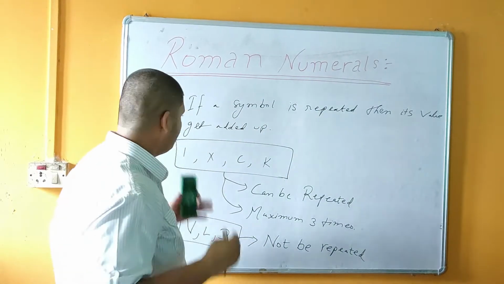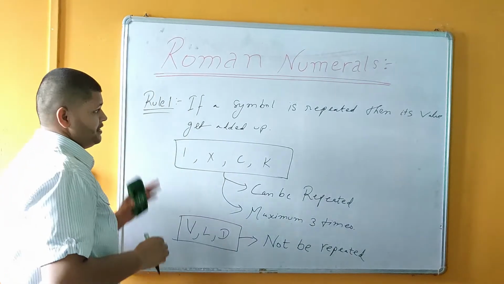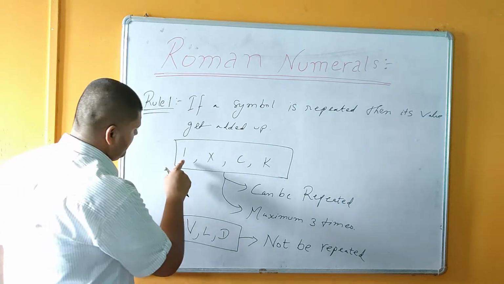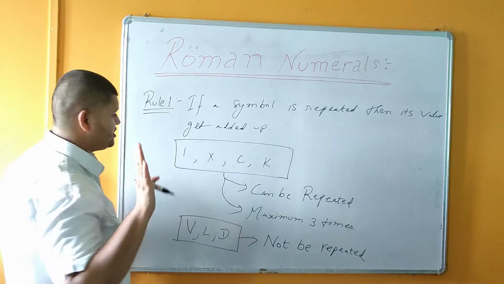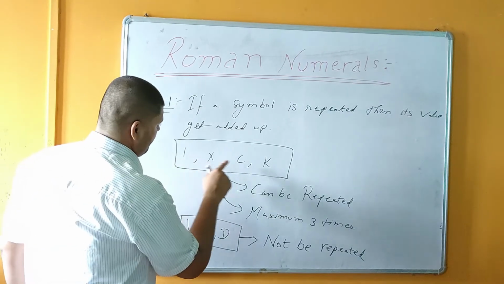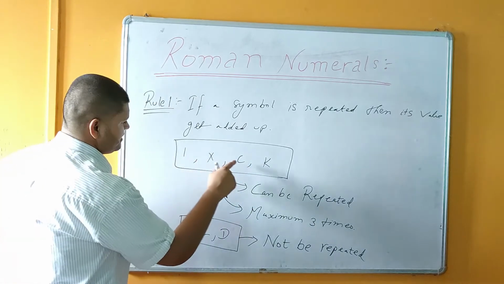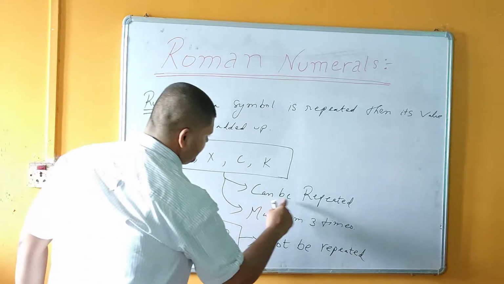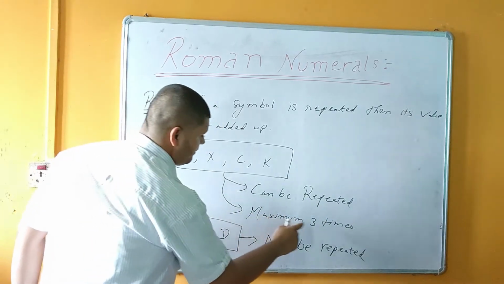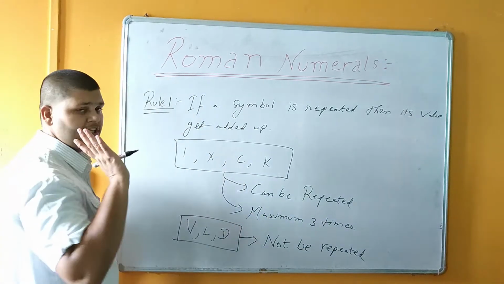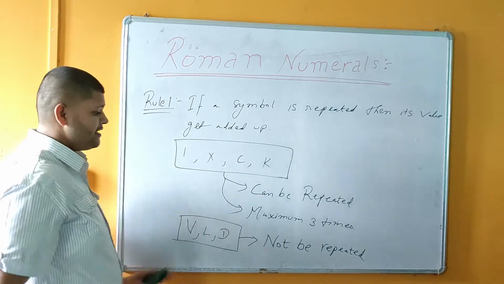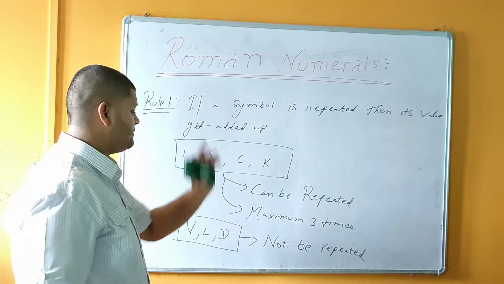We will understand this rule with the help of examples. For the time being, remember that out of the 7 distinct symbols, I, X, C and K can be repeated a maximum of 3 times, and the symbols V, L and D can never be repeated.